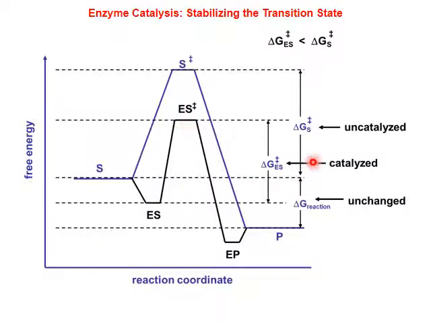So if we compare the magnitudes of those two values, that's shown here, the activation energy of the enzyme catalyzed reaction, delta G ES double dagger, is less than the delta G double dagger of the uncatalyzed reaction. This is the rate enhancement provided by the enzyme on the substrate.